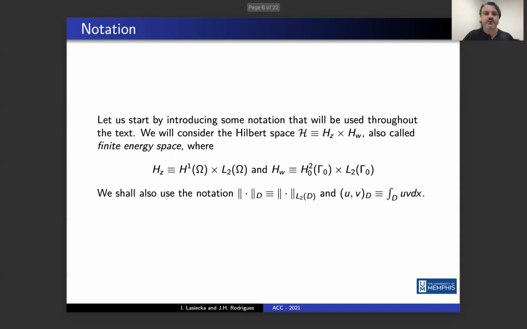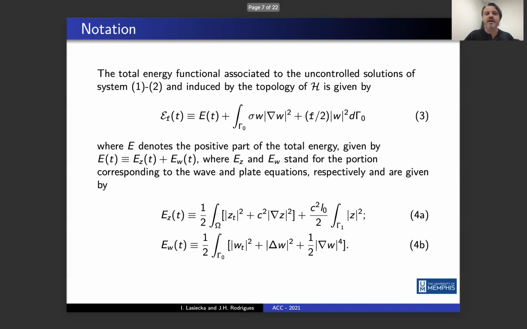Let us introduce a few notations. We are going to denote by script H the phase space, also known as finite energy space, associated with system 1, 2. It is given by the product of the corresponding phase spaces of the wave and plate equations. Also, we are going to denote by script E the total energy functional associated with solutions of system 1, 2.